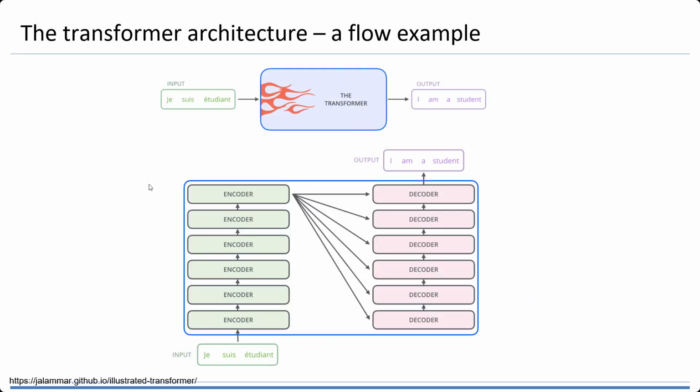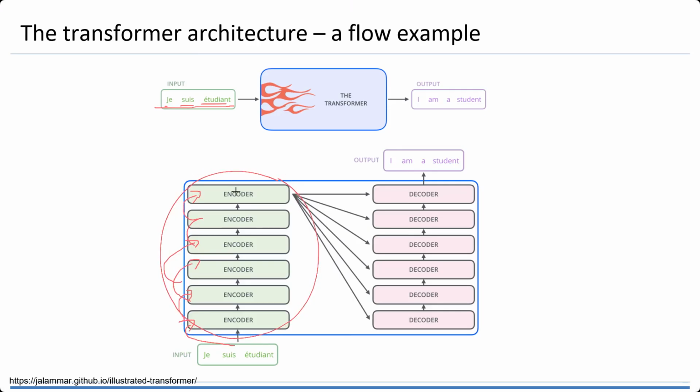If we look at the brief overview, if you have the input, "Je suis étudiant," maybe this is French, we put it into the encoder. We have another encoder, and another, and another. This is the encoder side that follows the architecture we already looked at before.